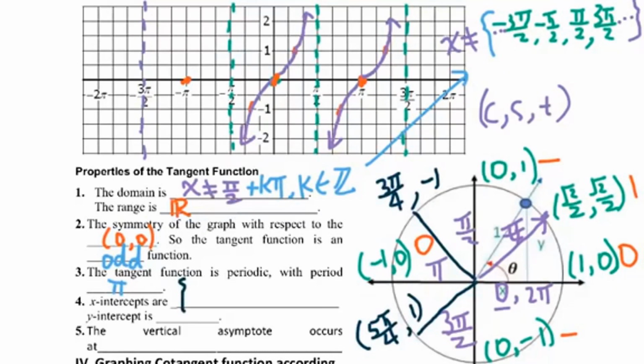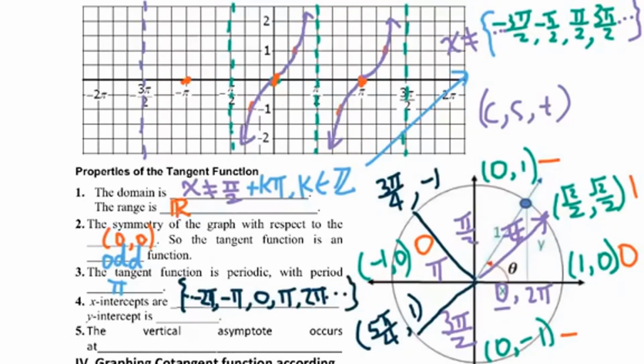So you can write it like this. It will be from 0, then you go to pi, you go to negative pi. Then you have 2 pi, then you go to negative 2 pi. So you keep going.